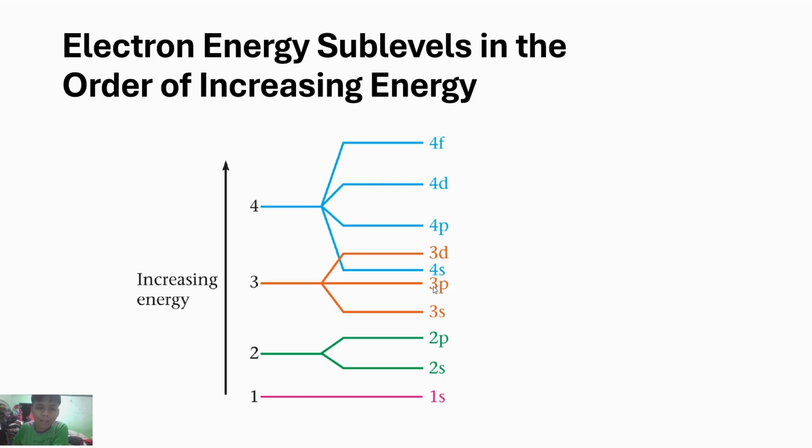And if you can see here, the 4s and the 3d are very, very close to each other, and this is very significant when you are writing the electron configuration of your transition metals.